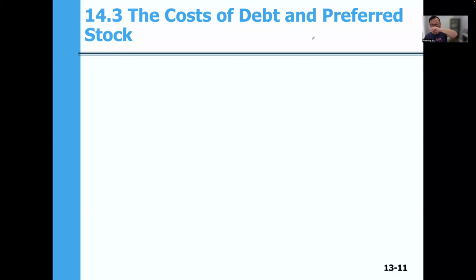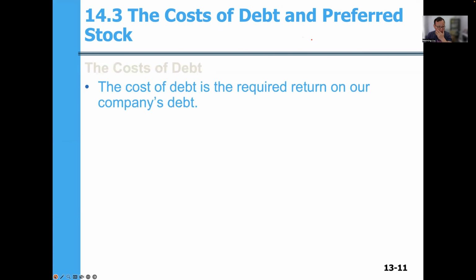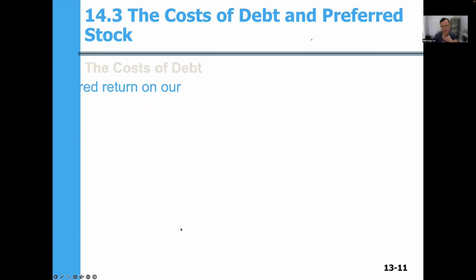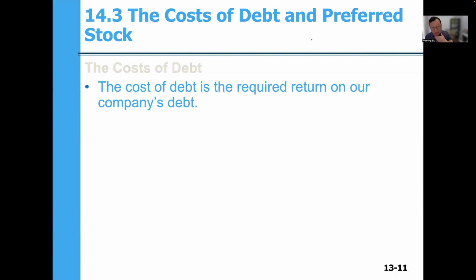Now let's shift gears. We talk about the cost of debt and the cost of preferred stock. Cost of debt. The cost of debt is the required return on your company's debt.